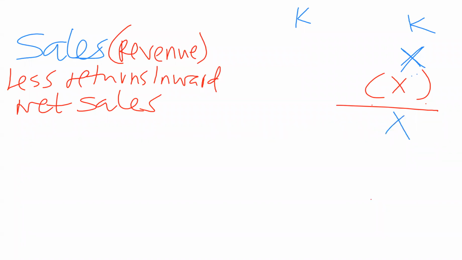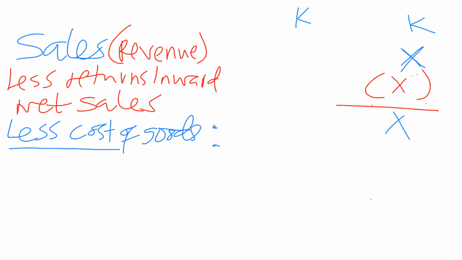Now, from the net sales, you can less the cost of goods, or cost of sales, like this. I'll repeat. So you have revenue. This is a format of a statement of income.